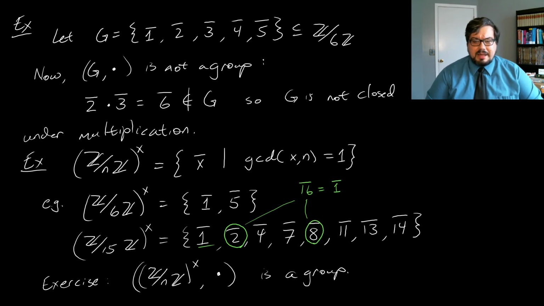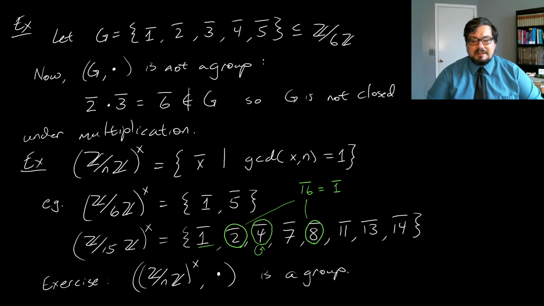And so then we can check some other ones. So 4, for instance, this one's a little bit different. 4's inverse is itself, because 4 bar times 4 bar is 16 bar, which again is 1 bar, and we can go so forth and so on.